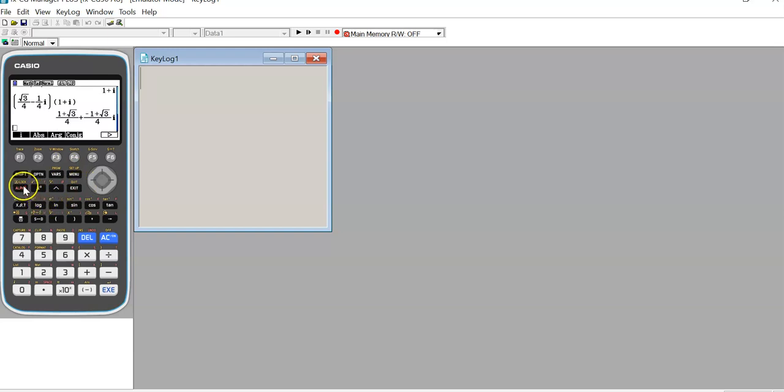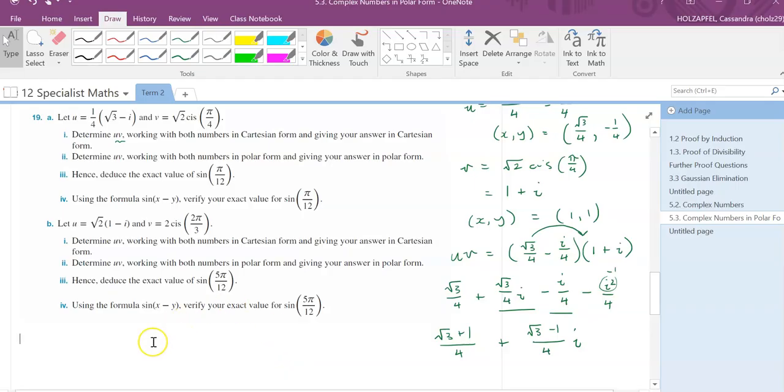Okay, so let's substitute those numbers in now. So we had root 3 over 4, and then the imaginary component was minus 1 over 4i. So again, to get that i, we just went into that complex mode. So there's i there. Okay, and so that's my solution there for the polar form of that number. So let's go ahead now and write those two values in.